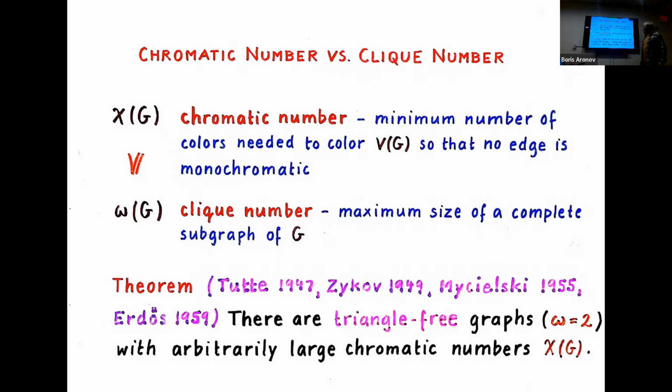And you may hope, if you are totally innocent, that these two numbers are actually equal in most cases, but they are very much not equal. This was realized at an early stage of the development of graph theory.